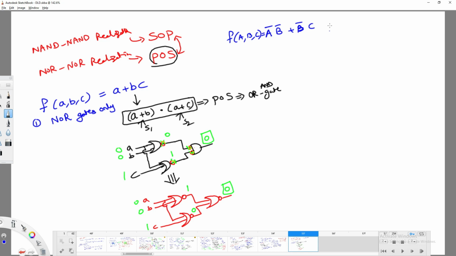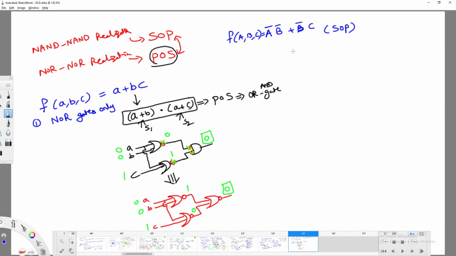It is easy to construct in NAND-NAND relation because these are available in the form of sum of products. Before constructing any circuit, try to simplify it first. If it is simplified, then we can go further easily. The expression is already in simplified form, and you can construct it with the help of basic gates.